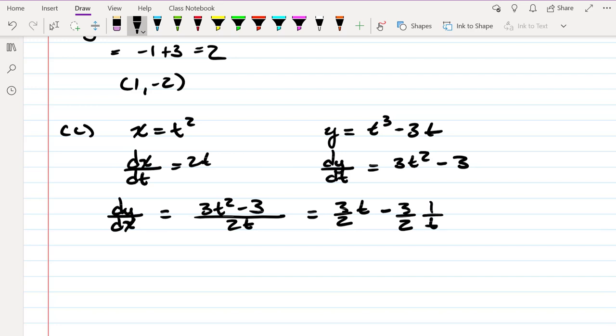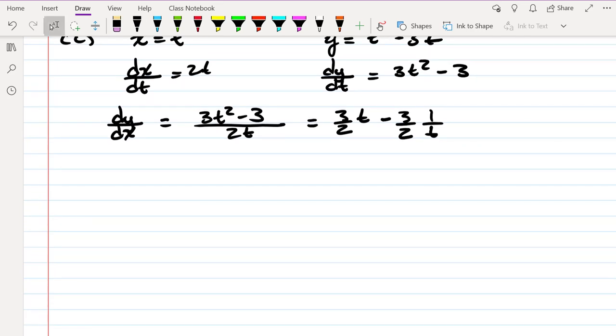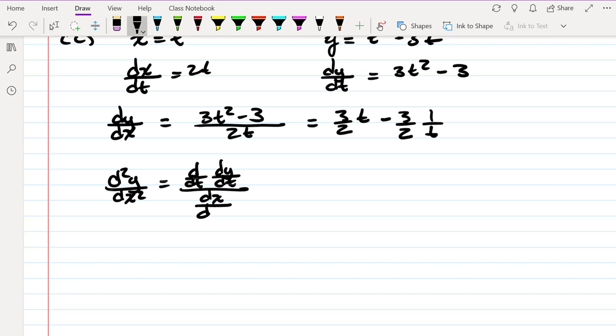So that's our dy/dx. To find our second derivative, d2y/dx squared, remember that that's d/dt acting on dy/dx, divided by dx/dt. So now we need to take the derivative of dy/dx with respect to t.